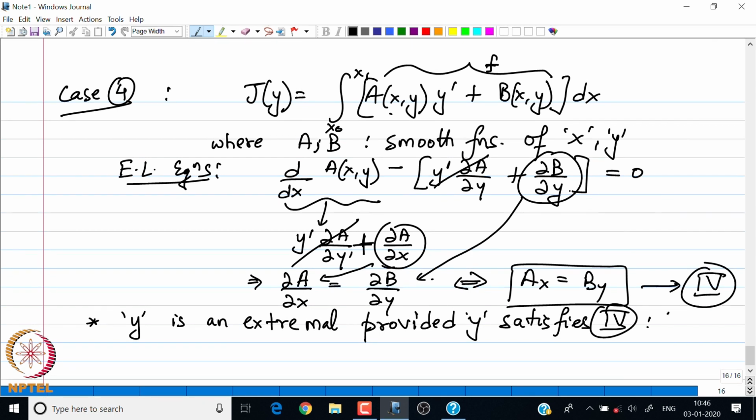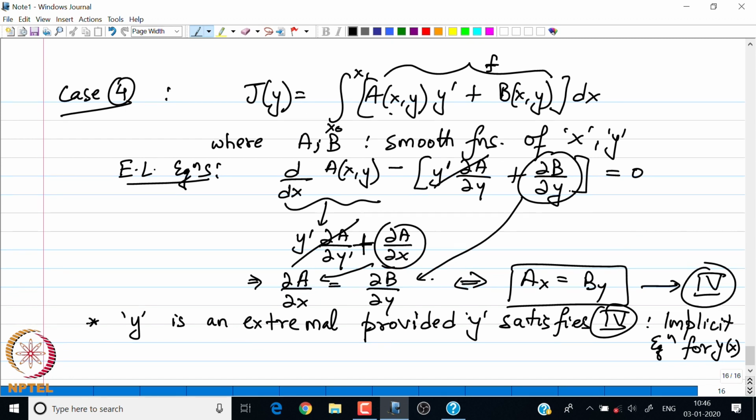So, this is an implicit equation for y of x, right. Okay. Well, this is the case when y needs to satisfy this boxed relation 4. How about a case where this is trivially satisfied for all x and y?